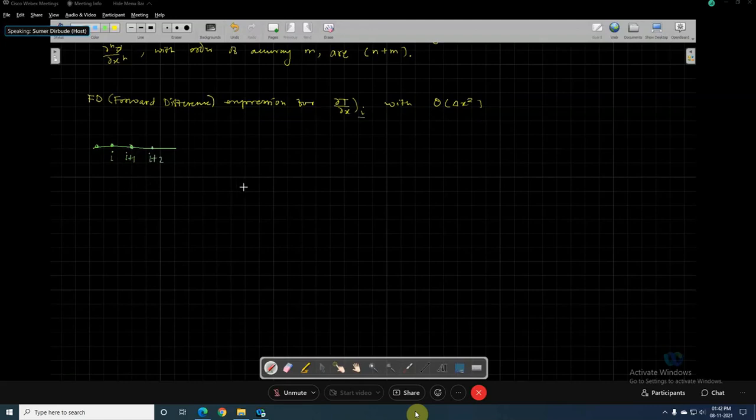Now with these 3 points, we want to get a formula which will be accurate in terms of this order of accuracy. So what do we do? Again, we go for a Taylor series. So we write Taylor series for T_{i+1} and T_{i+2}. So now this is all about mathematics, so there is nothing much in it.